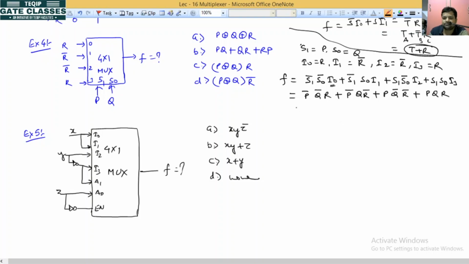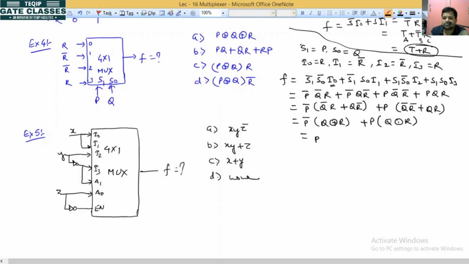So what is common? If you see here, we have P bar common, so it is Q bar R plus Q R bar, plus we have P common, so it is Q bar R bar plus Q R. If you see here, it will be P bar times Q XOR R plus P times this one, which is the formula for Q XNOR R. So P bar (Q XOR R) plus P can be written in terms of the XOR's complement.